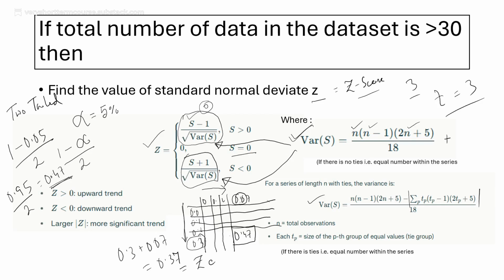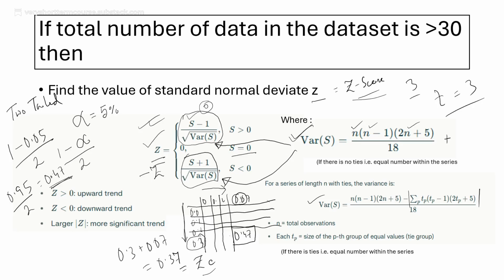Correct? And if the Z score that you have calculated with the help of this formula is more than your critical Z, then there is a trend, otherwise no trend. Now, remember, if your Z is negative, it must outclass the critical Z in the negative manner.